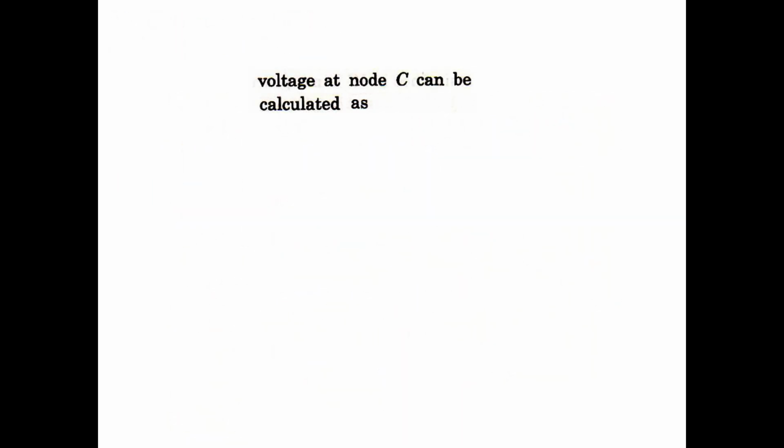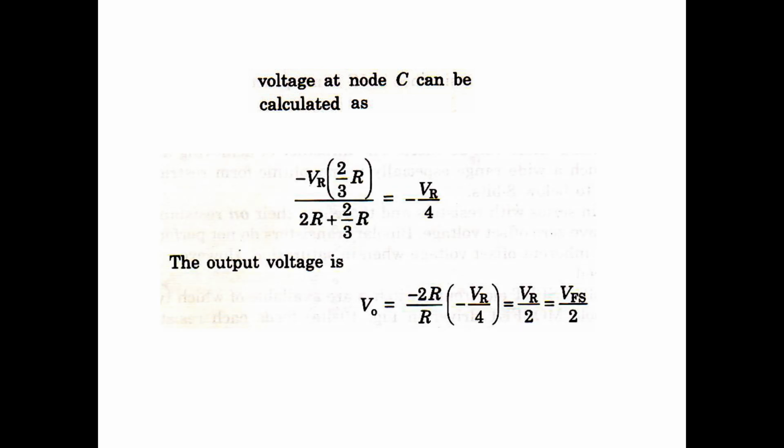The voltage at node C can be calculated as minus VR into 2 by 3 R divided by 2R plus 2 by 3 R. If you simplify this, it simplifies to minus VR divided by 4. The output voltage is V0 equal to minus 2R by R multiplied by minus VR by 4. If you simplify this, you will get VR by 2, which is equal to VFS, the full scale voltage, divided by 2. Thank you.